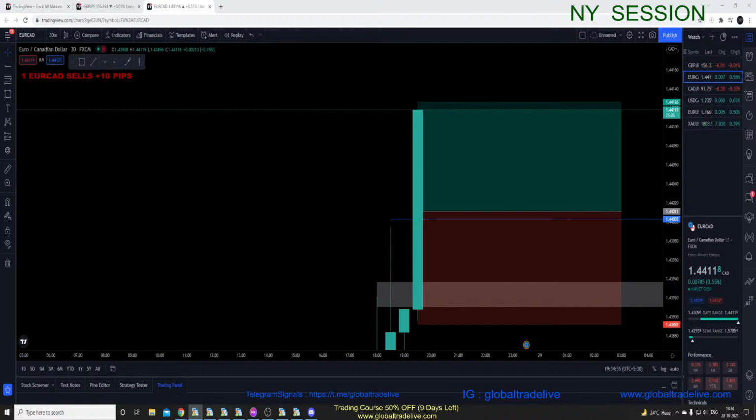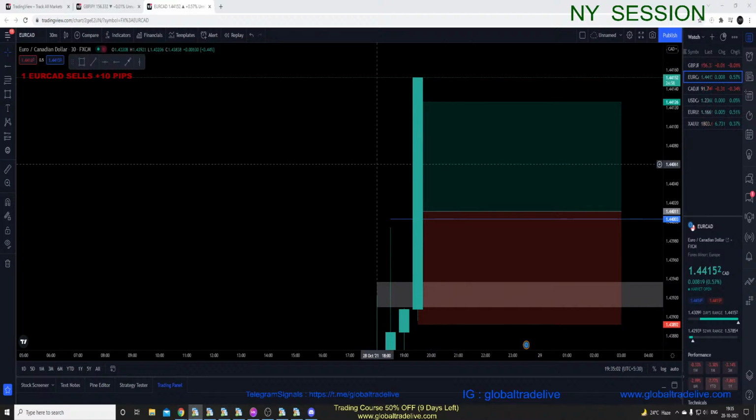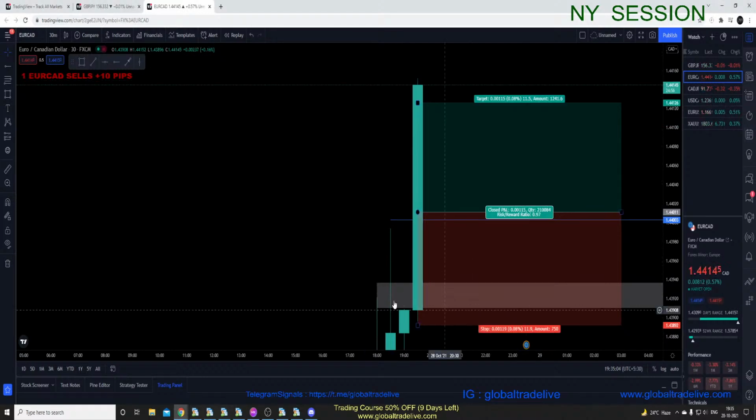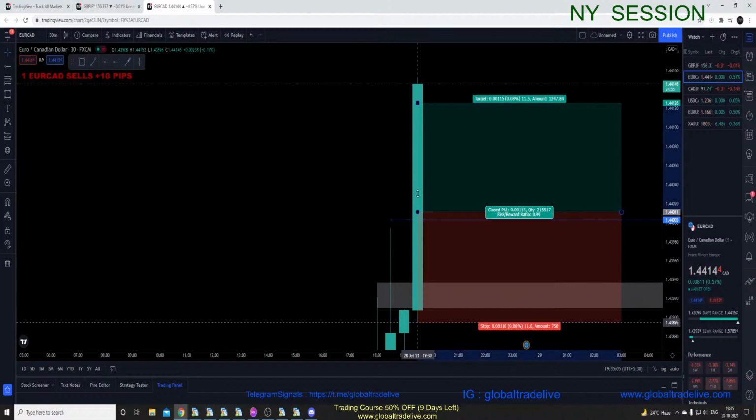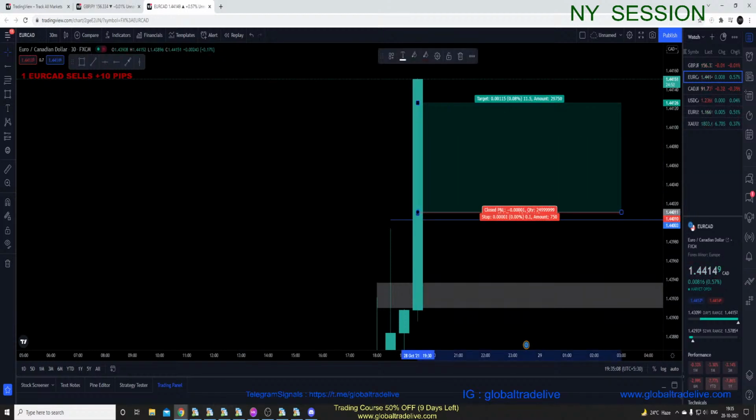Ten pips tapped. Close 50% over here and keeping SL at entry level. Yes, so this was the last trade for today, running in 13 pips. The 50% remaining over here is running in 13 pips.